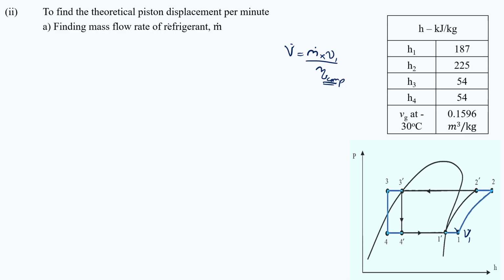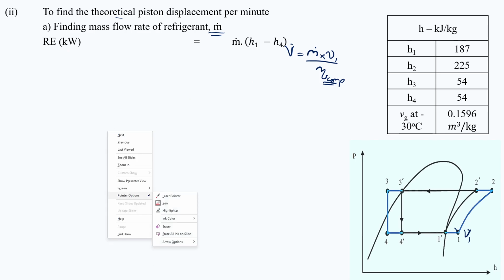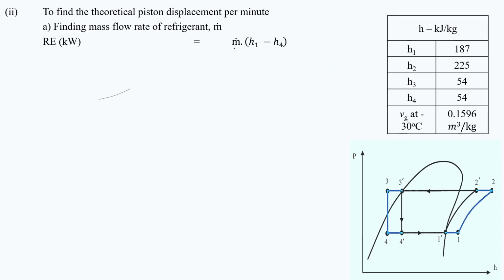So for finding the theoretical piston displacement, first of all, we need to find the mass flow rate of the refrigerant. We already know the refrigerating effect, which is equal to 20 tons of refrigeration or 70 kilowatts. Also, this 20 tons of refrigeration is equivalent to m dot, the mass flow rate of the refrigerant in kilograms per second, times the enthalpy difference in kilojoules per kilogram, that is the enthalpy difference during evaporation.